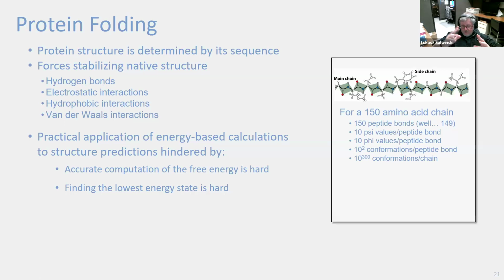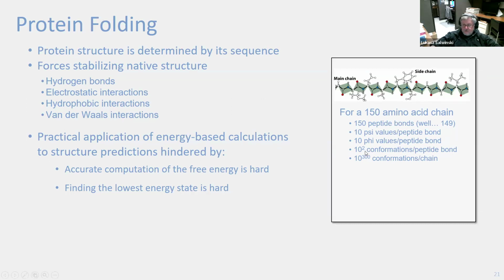Let's assume we try just 10 different values of psi angles per bond and 10 different phi values for each bond. So for one peptide bond, we've got 10 possible psis, 10 possible phis. So overall, there are 100 different combinations for one peptide bond, and now we have about 150 of those.